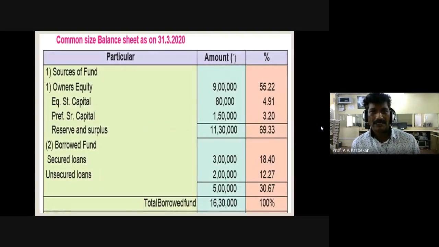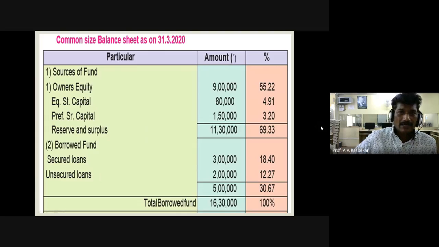With the help of this formula, we can find out all the percentages of each and every item with total borrowed fund. Now same with the reserves and surplus, 69.33%, borrowed fund, secured fund 18.40%. That means secured funds are rupees 3 lakhs, and total borrowed funds are 16 lakh 30,000.